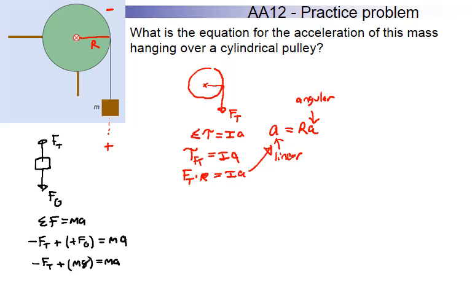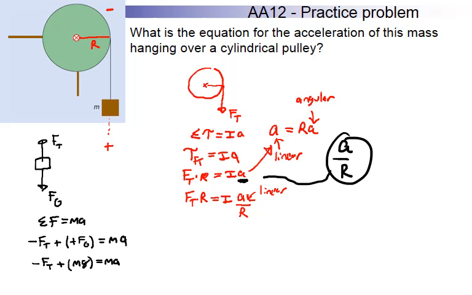And so the linear acceleration is equal to the radius times the angular acceleration. And we can substitute that into the angular acceleration right here. So the linear divided by the radius, we place that in here. And now we're going to have it in terms of linear, which is what we need.